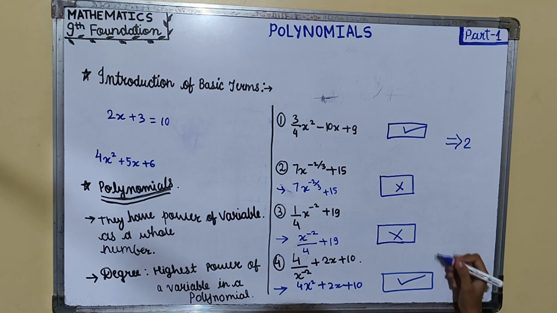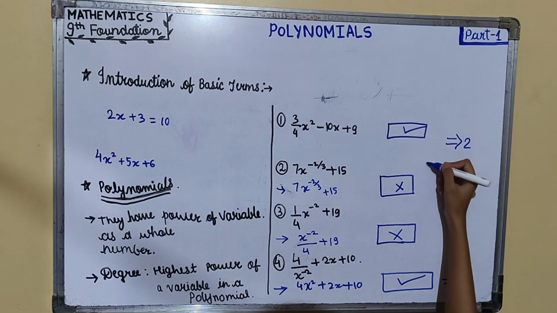Here 2 is the degree. Highest power is 2 of the variables, so it would be the degree.